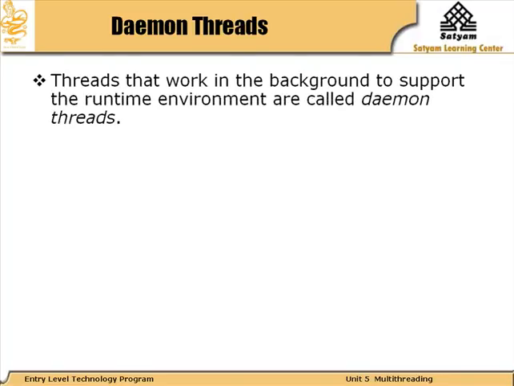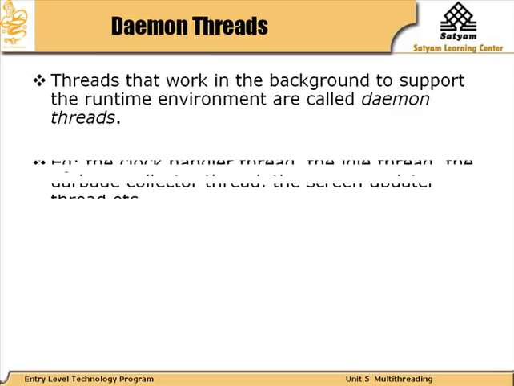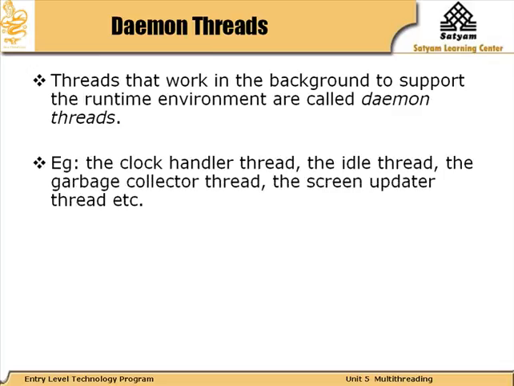Threads that work in the background to support the runtime environment are called daemon threads. For example, the clock handler thread, the idle thread, the garbage collector thread, the screen updater thread, etc. are daemon threads.